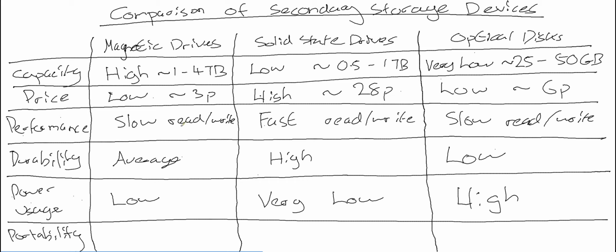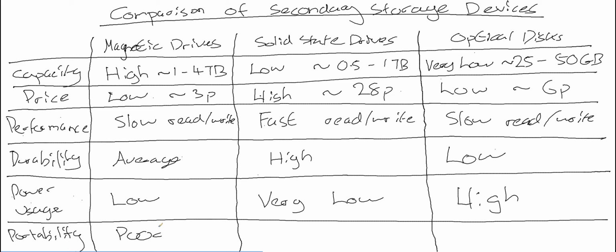So portability of a magnetic drive, not really very portable at all. Certainly an internal magnetic hard drive, you wouldn't want to be trying to take that around with you. It's going to get damaged if you're not really careful with it, and it's not very convenient to be moving about.